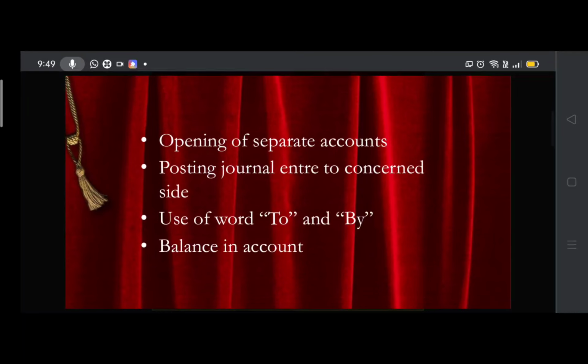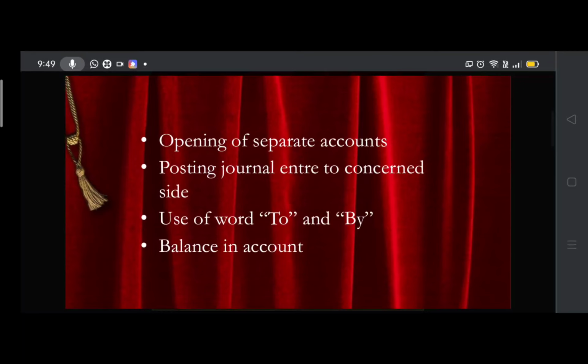Next is posting the journal entry to the concerned side. If an account is debited in the journal entry, we post it on the debit side of the account in the ledger. Whatever we post on the debit side, we start with the term 'to', and when we post anything on the credit side, we start with the term 'by'.